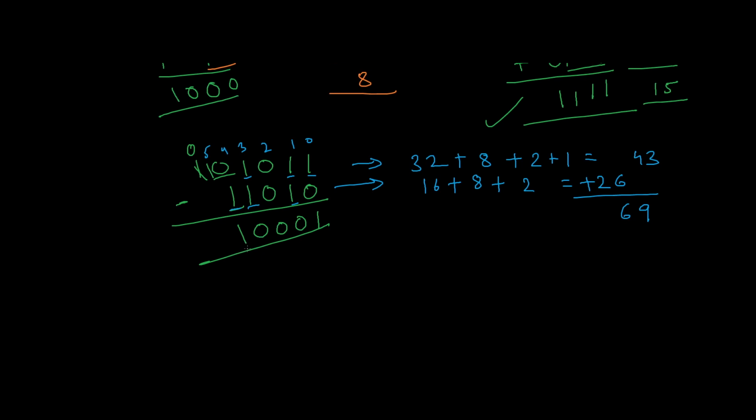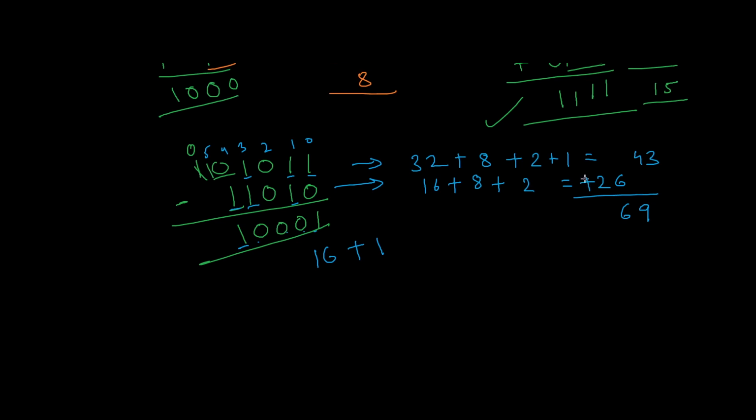No. This is 2 to the 5th. Oh no, this is 2 to the 4th. 1 2 3 4. This is 2 to the 4th. So it should be 16 plus 1. That doesn't check out. What did I do wrong? Alright, I've been adding.